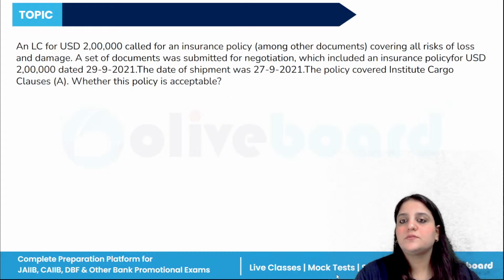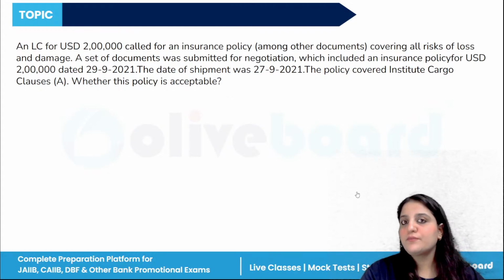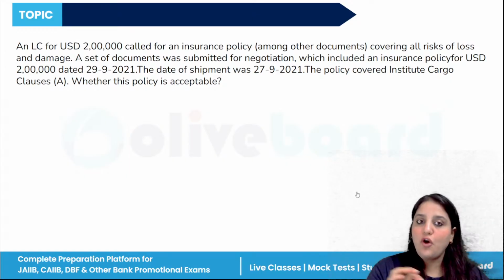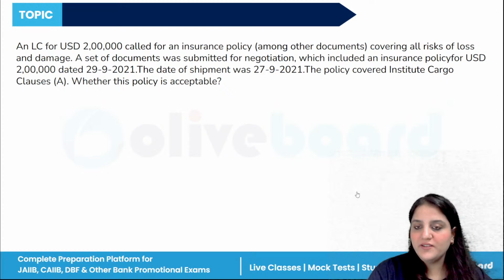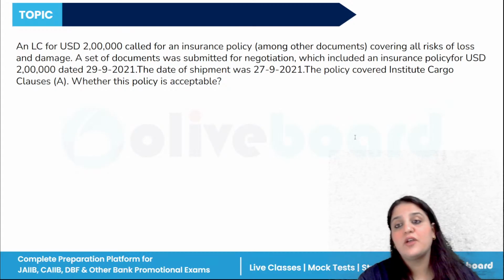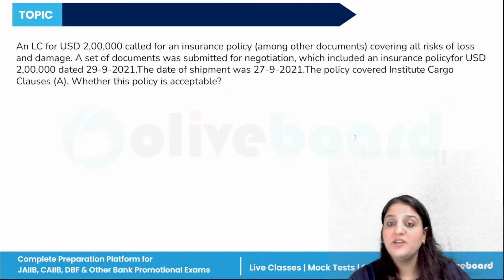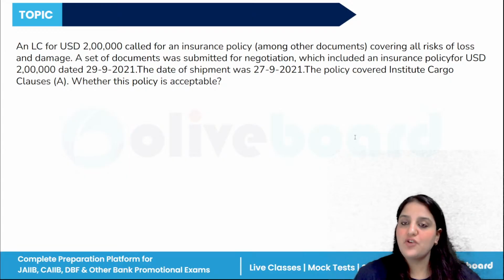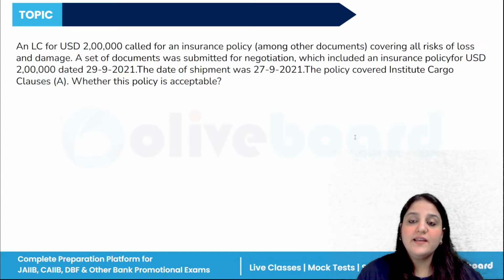The LC requires insurance covering all the risk of loss and damage. The document submitted is an insurance policy for US dollar 2 lakh. The date of shipment is 27th September 2021, and the date of the insurance policy is 29th of September 2021.